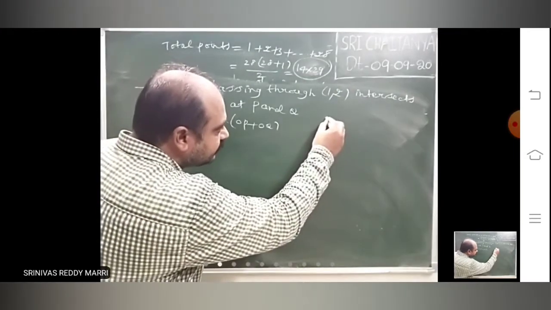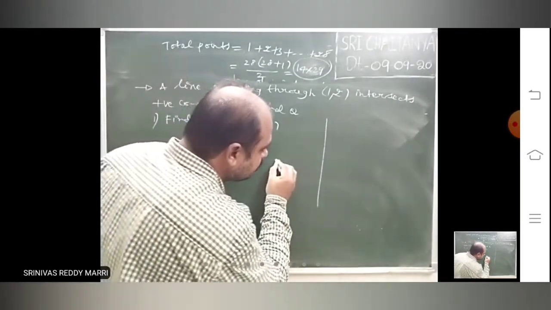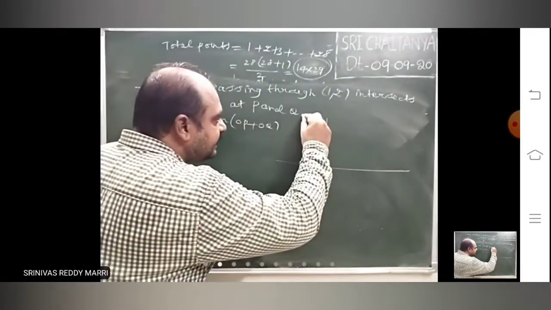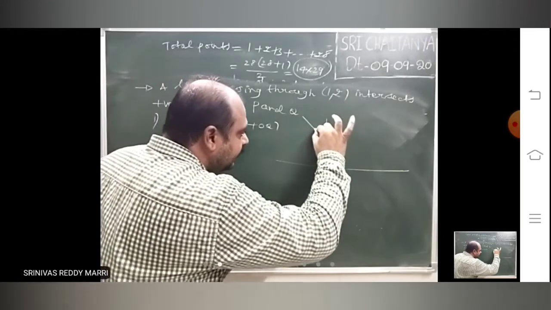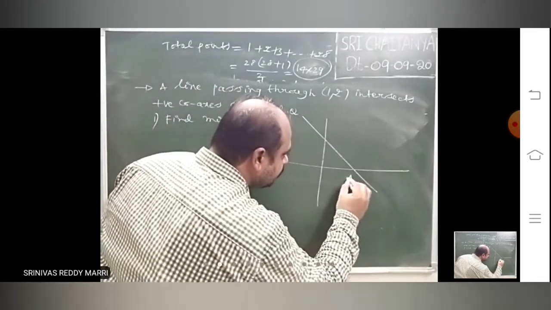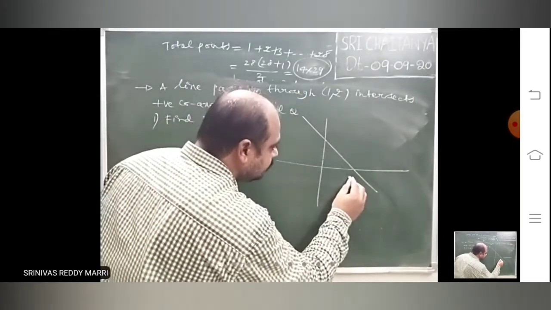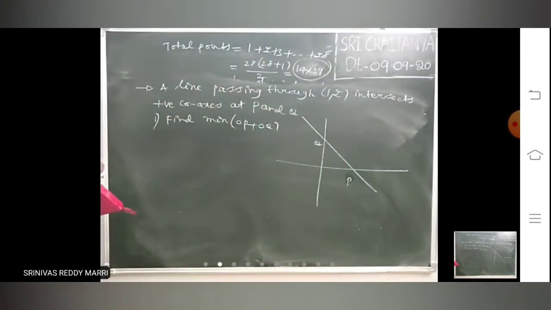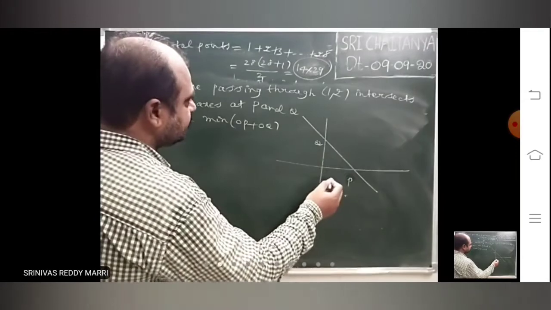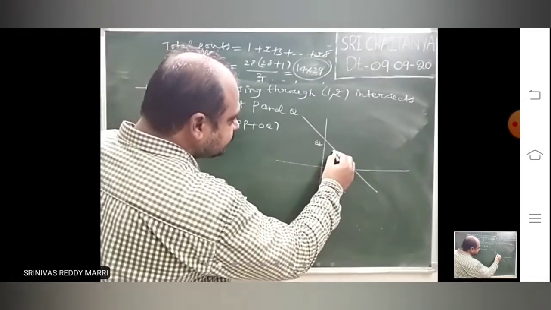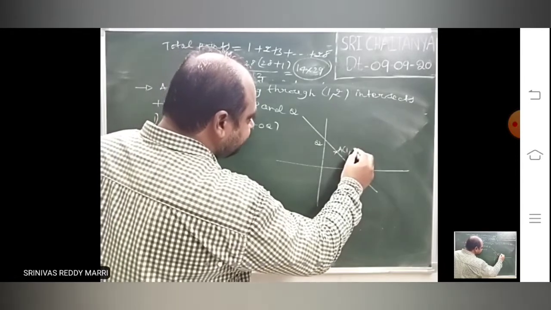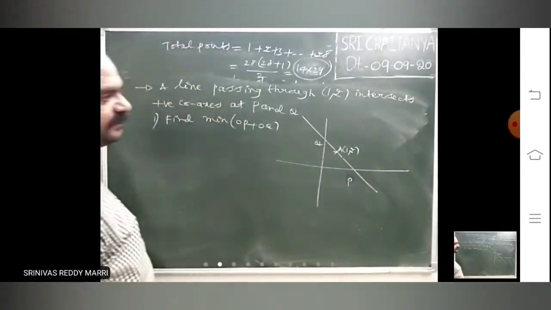All of you listen carefully, this is a very important application. A line is intersecting the positive coordinate axes at P and Q, and it passes through a fixed point.